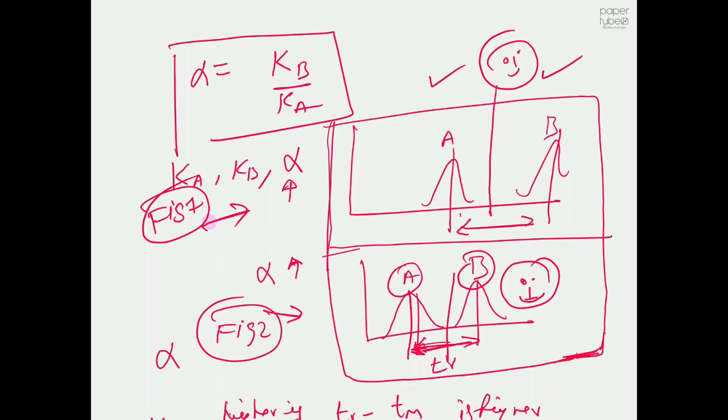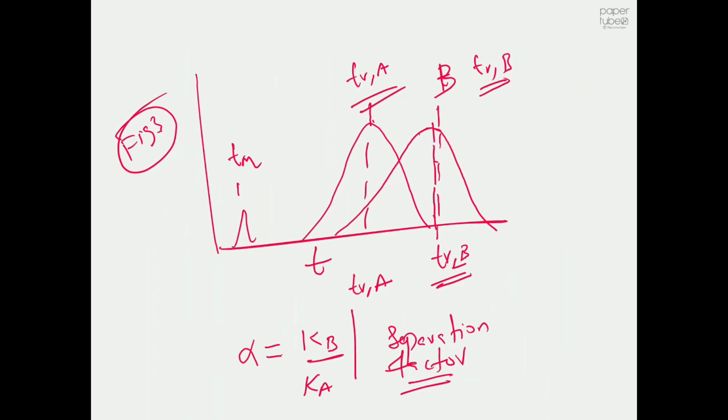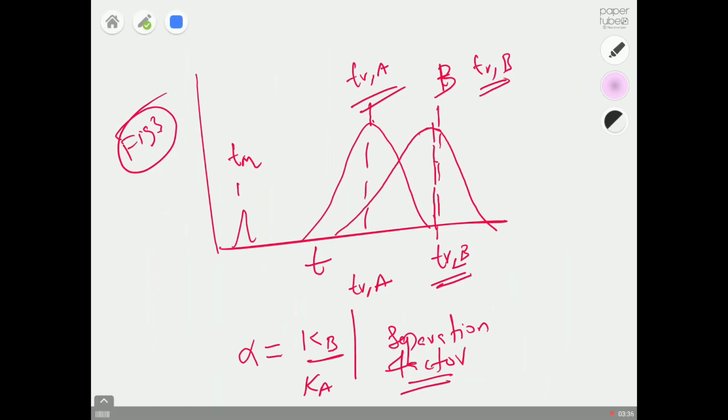It more or less indicates how the centers of the two peaks are separated. This is one center of a peak, and this is the center of the peak for molecule B. So your alpha value tells how these two peaks are separated.